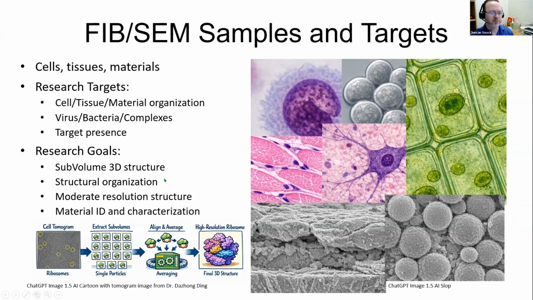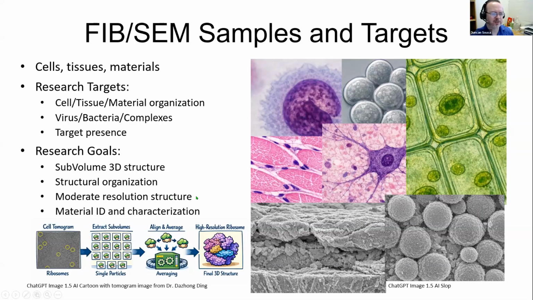However, I think the much bigger number of questions you can ask and that people are interested in is the cellular structural organization. And you can really get quite a good understanding of what's going on in the live native cell or material without having to fix it in plastic and embed it, using the CryoFibSem.